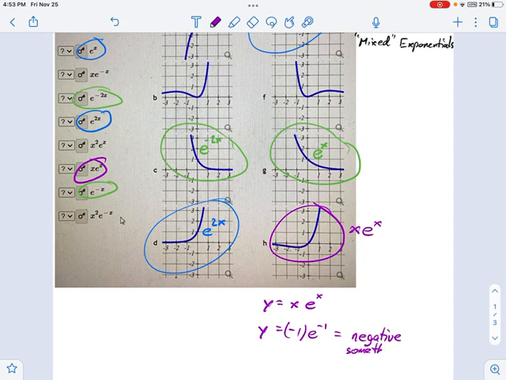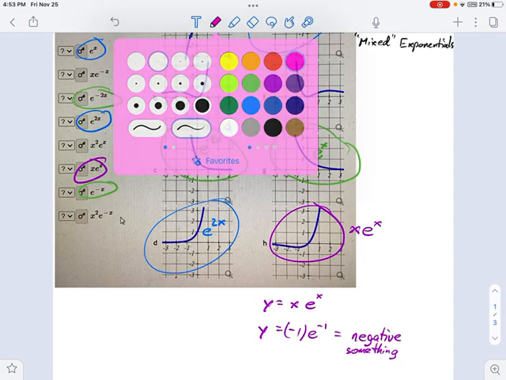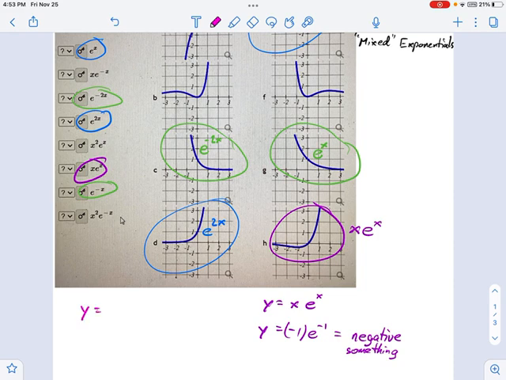Whereas if we had said y equals x squared e to the x, and plug in negative 1, what happens? Well, we get negative 1 squared times e to the negative 1. That would just be e to the negative 1, which is positive.